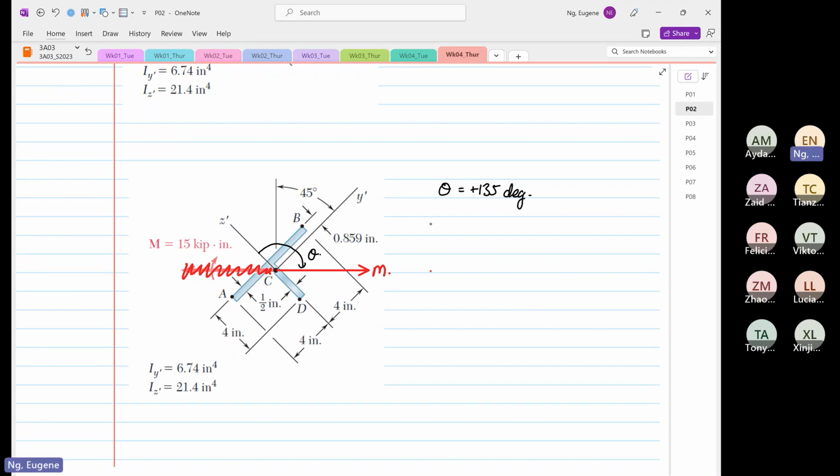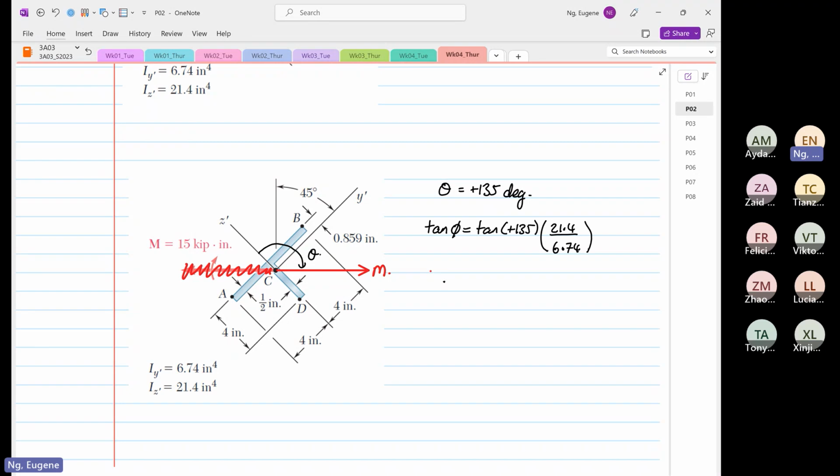Okay. So now if we were to put in the formula, tangent phi is equal to tangent, now positive 135, multiplied by IZZ 21.4 divided by IYY 6.74.